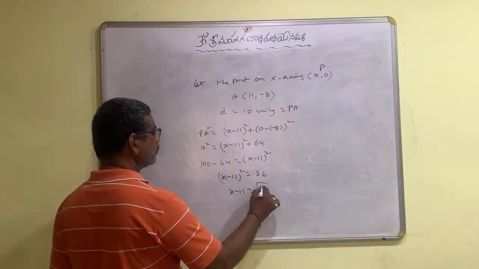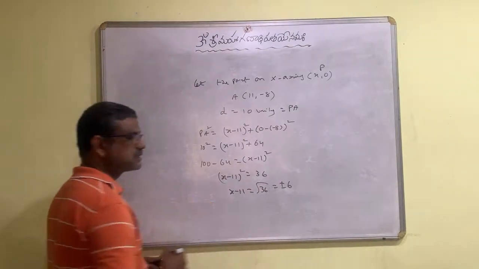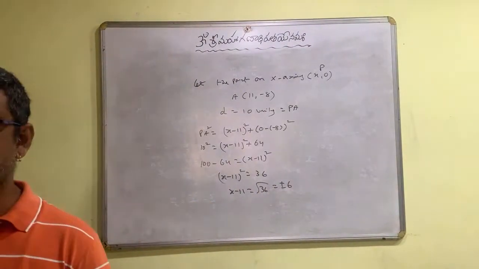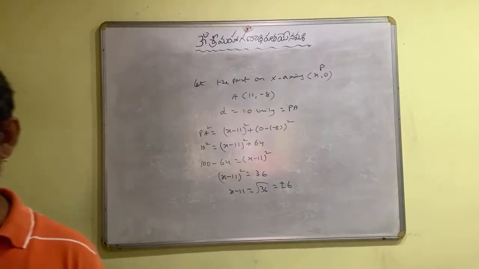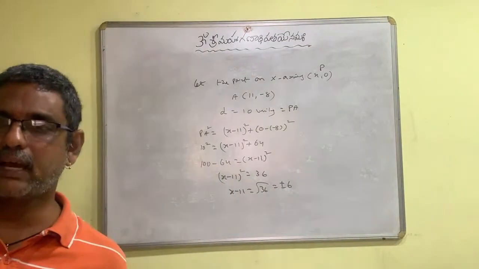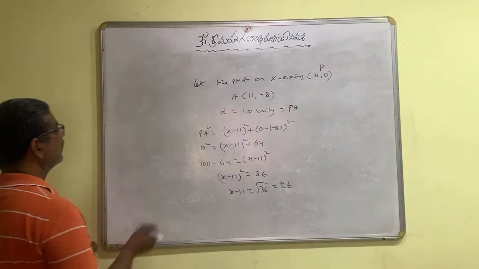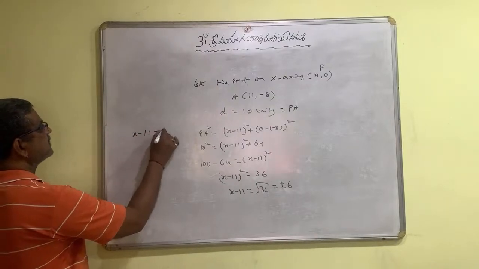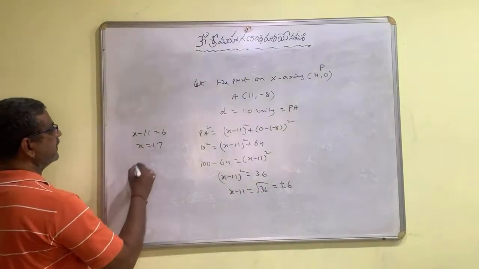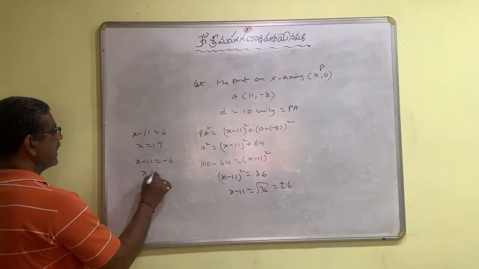Taking the root of 36, x minus 11 is plus or minus 6. Square root of 36, don't take 6 only. You have to take it as plus or minus 6. Now, x minus 11 is 6, x is 17. x minus 11 is minus 6, x is 5.